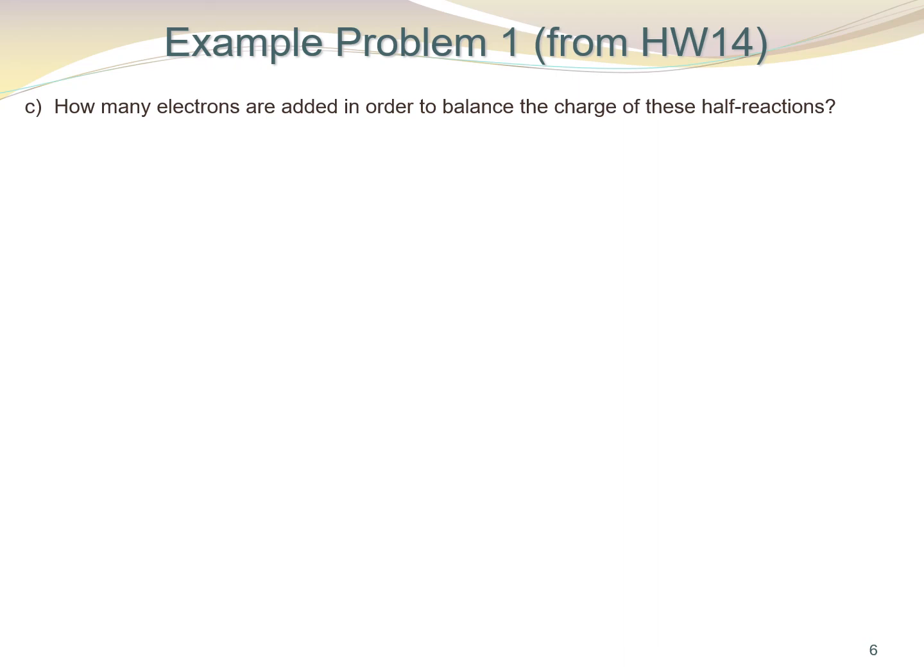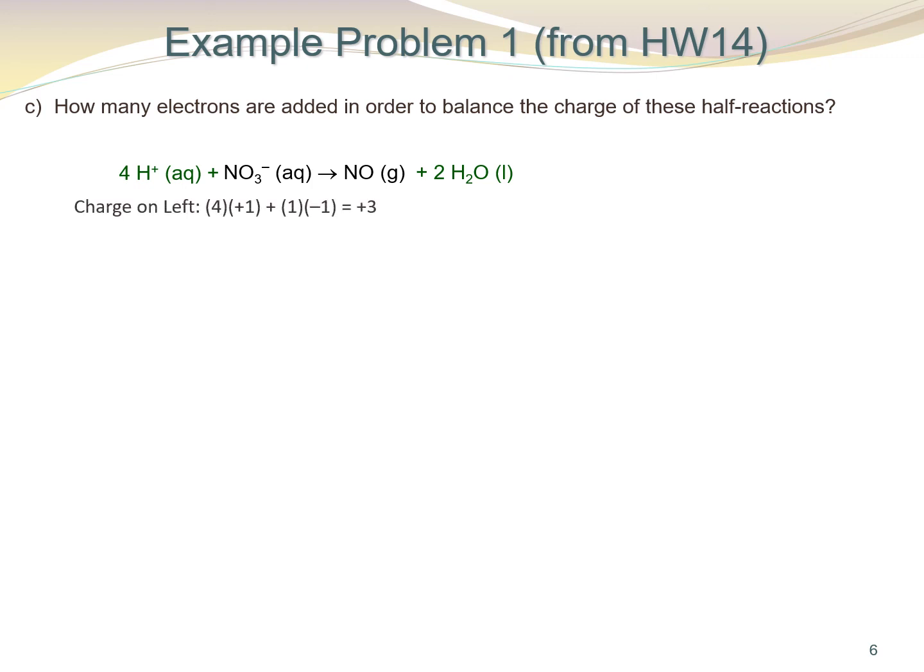Our next question is, how many electrons are added in order to balance the charge of these half reactions? Now let's look at our first half reaction. It has been balanced regarding atoms, not the charge yet. How do I know it? Because I can calculate just how much charge I have on the left.